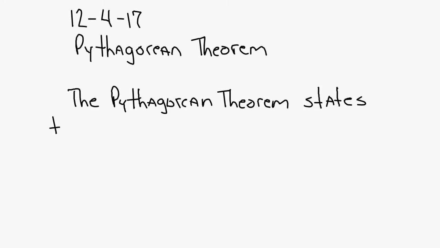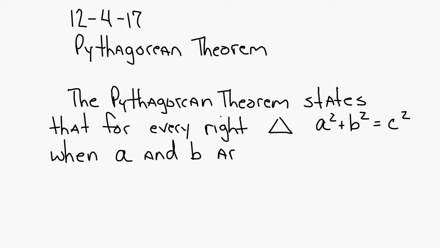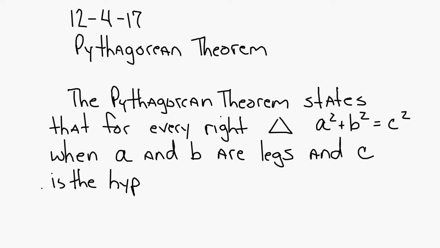It states that for every right triangle, a squared plus b squared will equal c squared, when a and b are legs and c is the hypotenuse of the triangle.